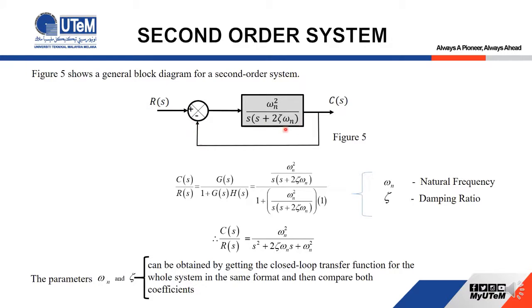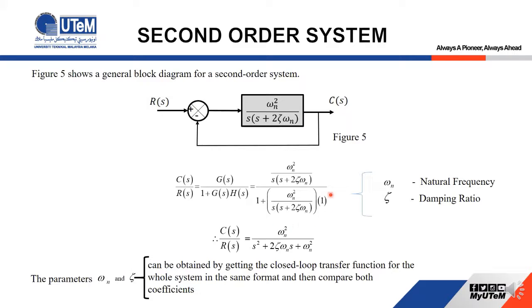The output of the system is C(s) and the input is R(s). The general equation for a second order system can be obtained from the closed loop transfer function. We use this formula to get the transfer function for the closed loop system, where C(s) over R(s) equals G(s) divided by 1 plus G(s) times H(s), and H(s) here is equal to 1.